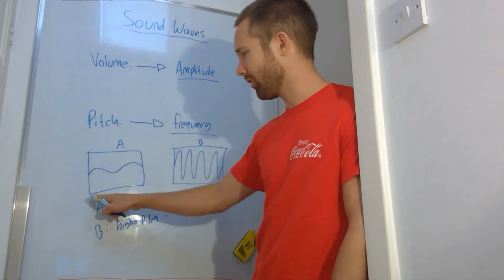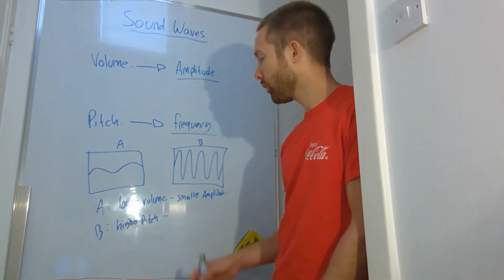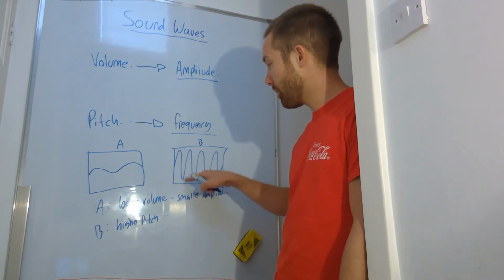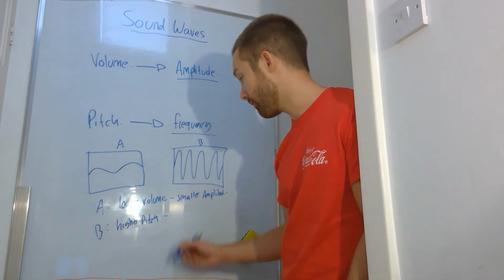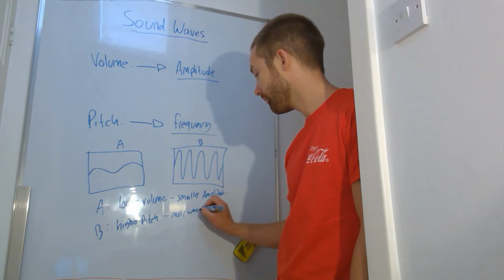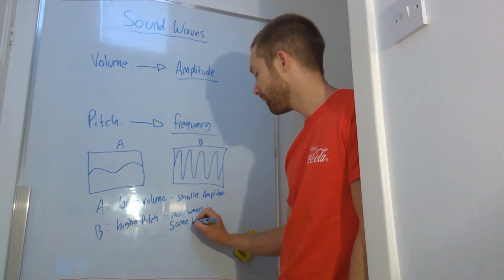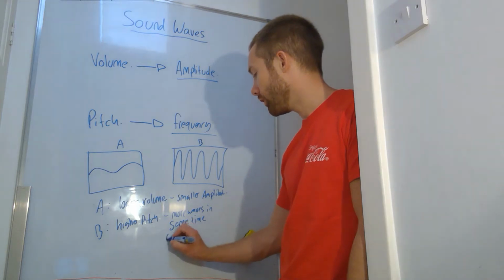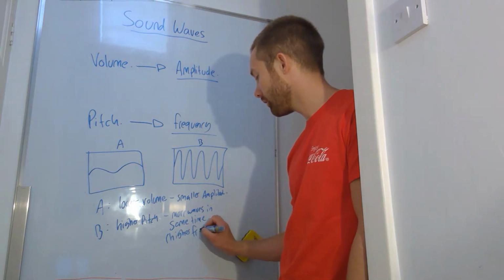I think the question also said this was represented by 1/10 of a second or something. But we know it has a higher pitch because there are more waves in the same amount of time, or in other words, it has a higher frequency.